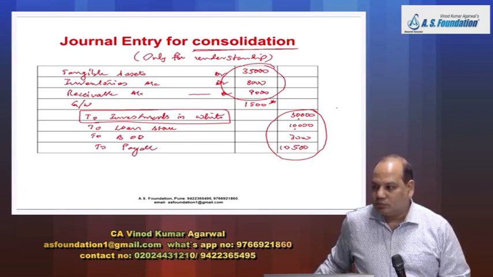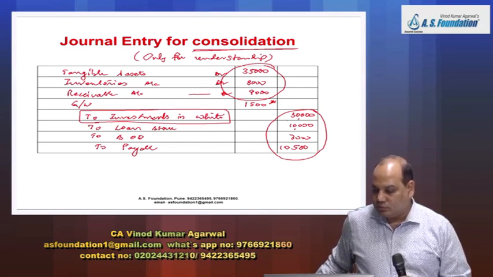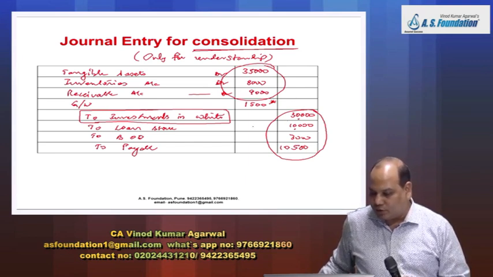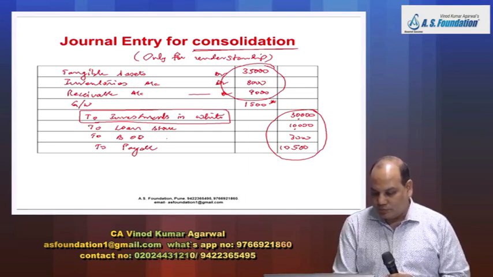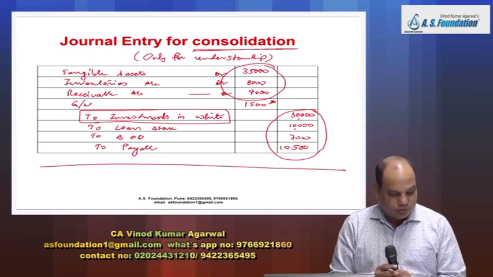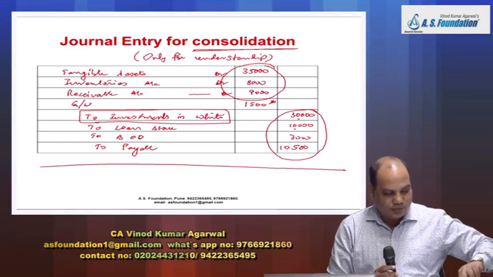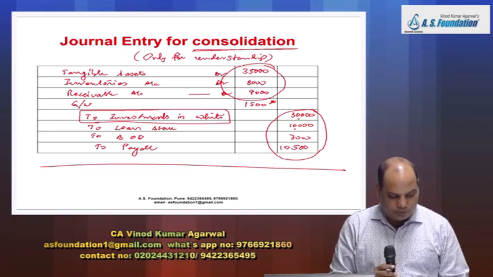Done. Is it matching? And after we incorporate this entry, we are going to cancel the loan stock liability and loan stock asset by 5,000.